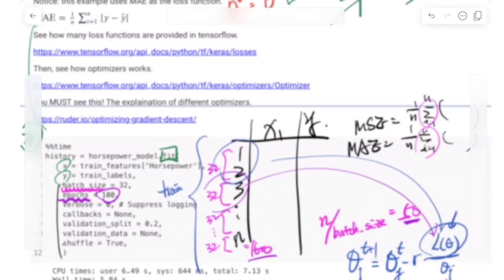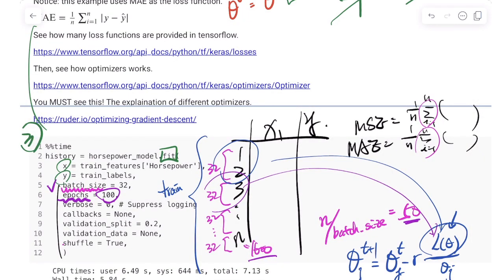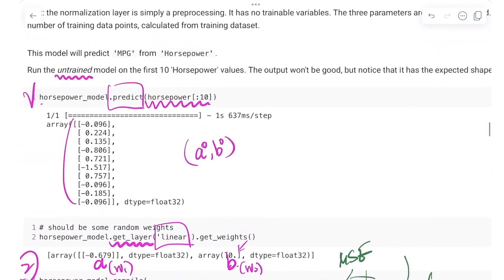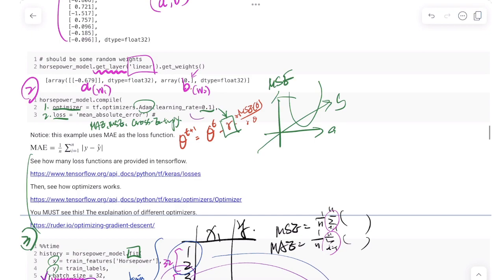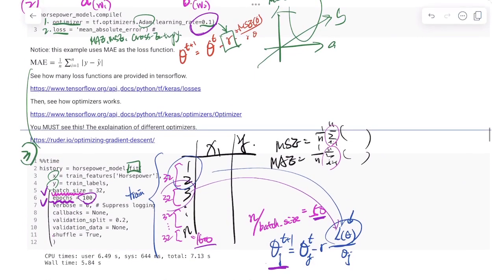So this number of batches, batch size, the epoch value, and the learning rate, these different numbers have different effects on how you find your smallest value of MSE.